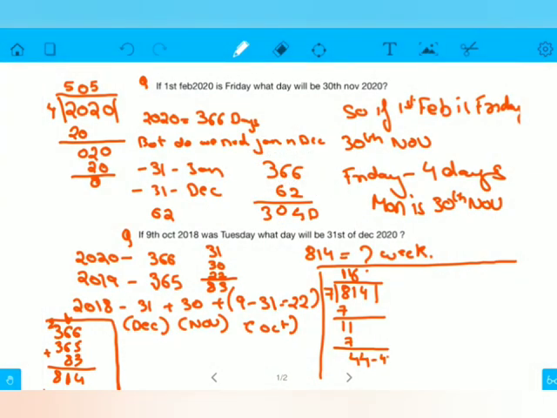So 44 minus 42 makes 2. But that's a remainder, and we can't have that. So we will add 5 days because we needed to make another week. And 5 plus 2 makes 7. So 819 divided by 7 should make our final, but not totally final, answer.